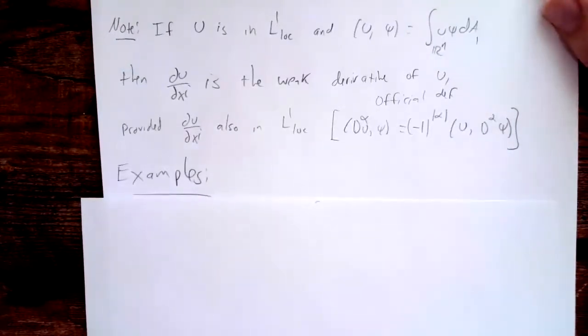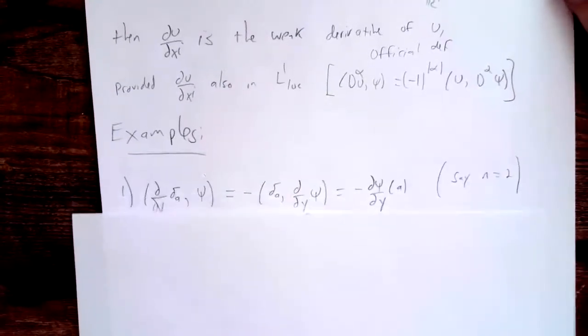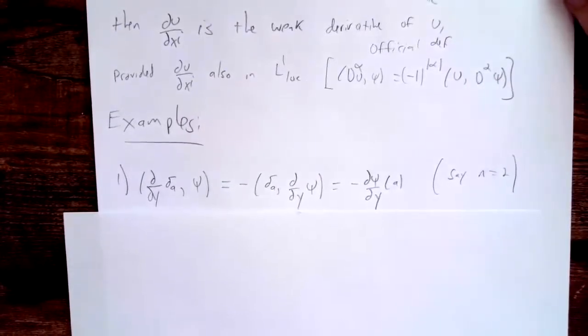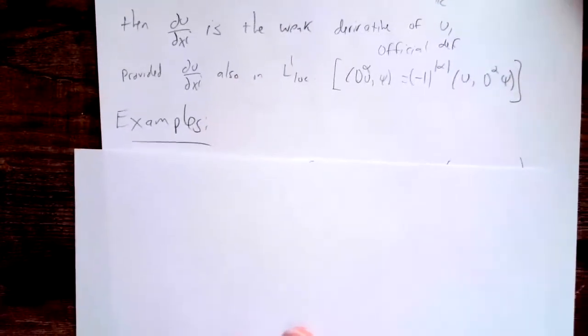Yeah, examples. So what's the derivative of Dirac delta? That's what I'm going to tell you. So Dirac delta at the point a, so evaluation at the point a, what's the derivative in the distributional sense of that?